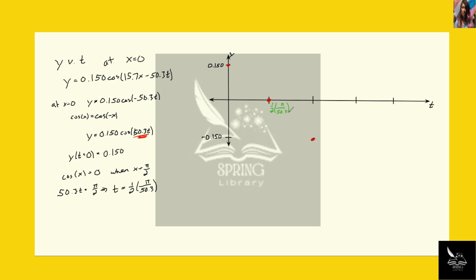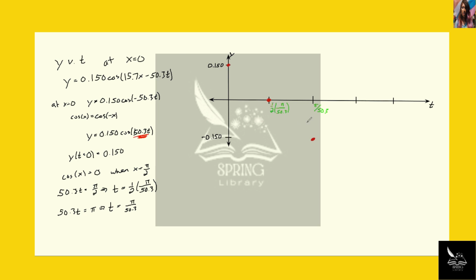And we know that happens when the argument of the cosine equals pi instead of pi over 2. We're going to set that equal to pi. So now we can set 50.3t equal to pi to get t equals pi over 50.3. So now we can label that on our plot, pi over 50.3.